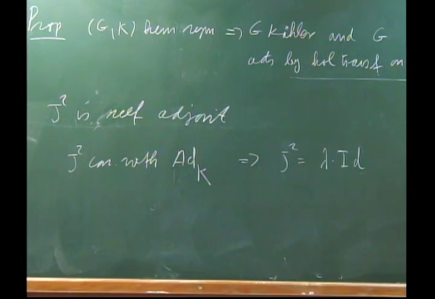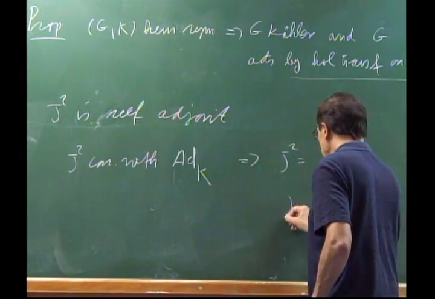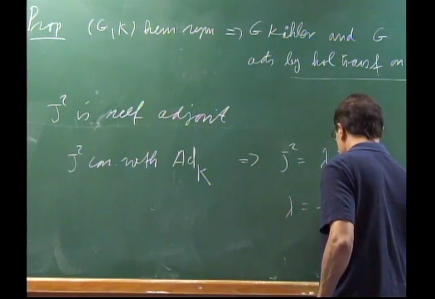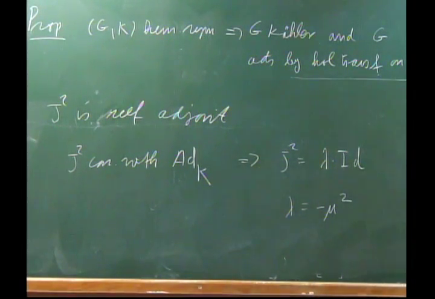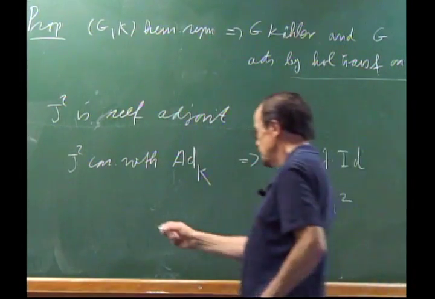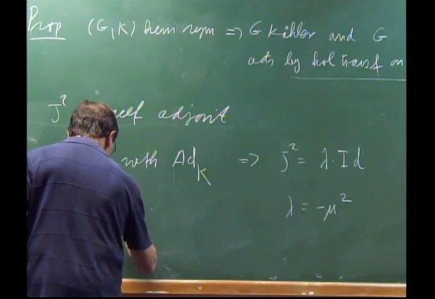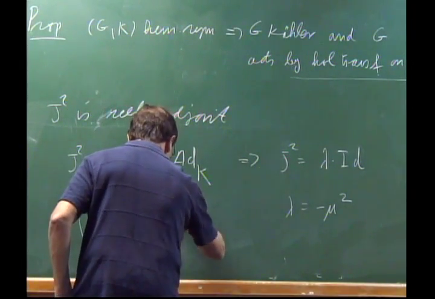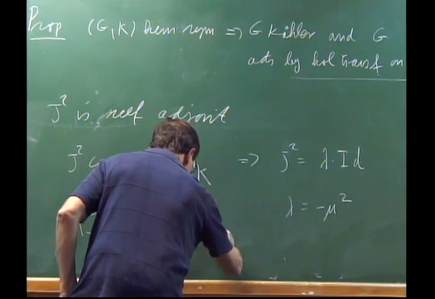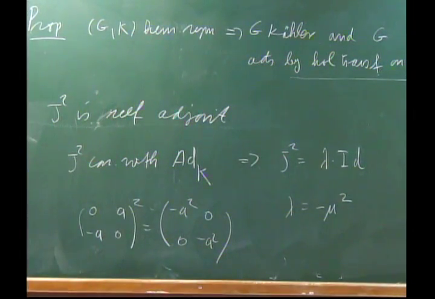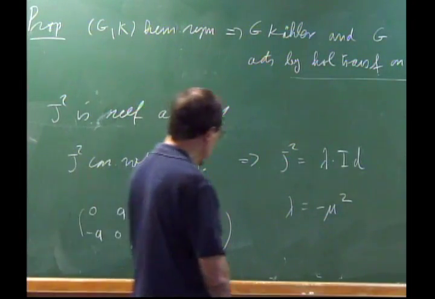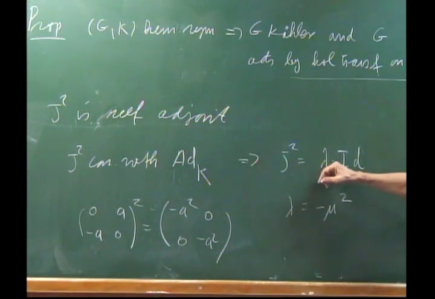But I can say that lambda is negative because J was skew adjoint. Remember, a normal form was a skew adjoint matrix like this in some basis. And its square is minus a squared, 0, 0, minus a squared. So that means if I choose such a basis, it must be negative on the diagonal. Since it's a multiple of the identity, it must be a negative multiple of the identity. So write lambda as minus mu squared. We divide by mu?